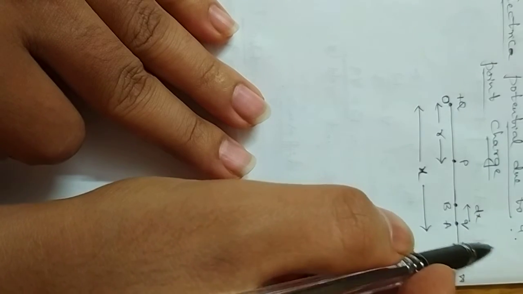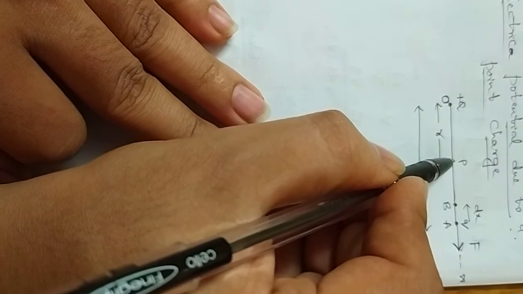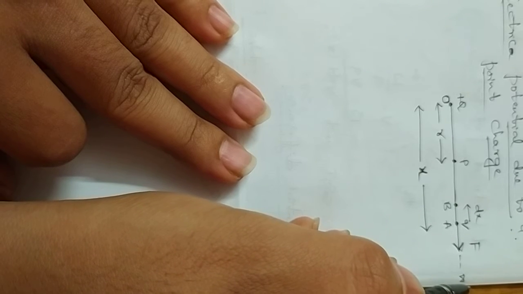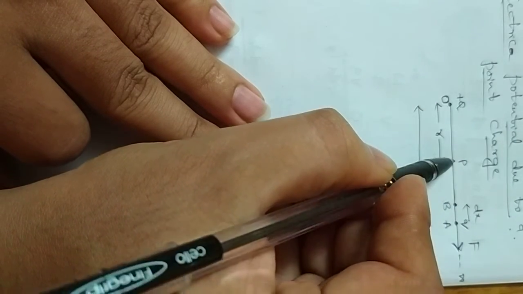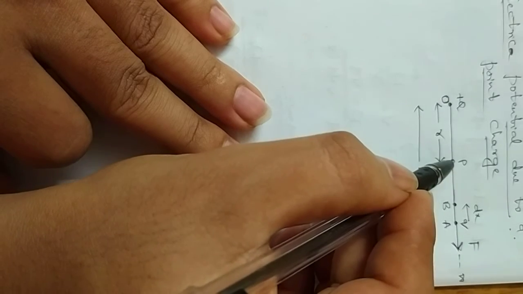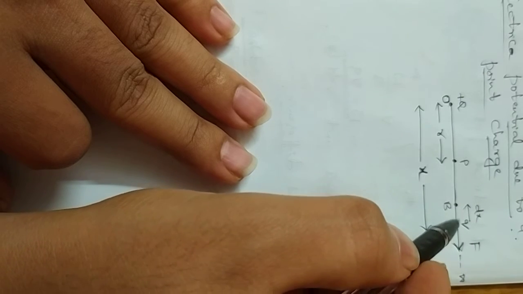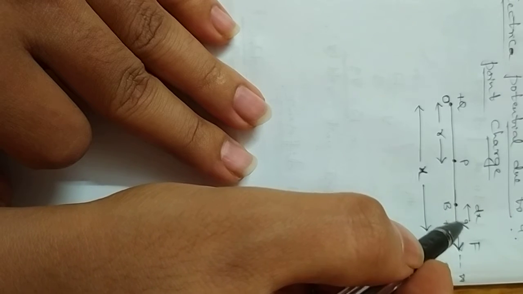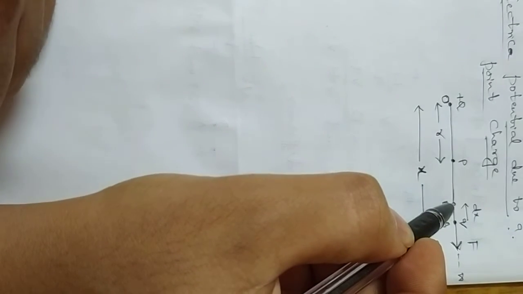So we need to calculate the work done in moving a unit charge from infinity to the point P. So we need to calculate the work done in bringing a test charge from infinity to the point P. So we cannot calculate directly the work done to move a test charge from infinity to point P. So for that, what we are going to do is take 2 points, A and B. So first we are going to calculate the work done in moving a test charge from point A to point B. So taking that expression, we are going to integrate that.